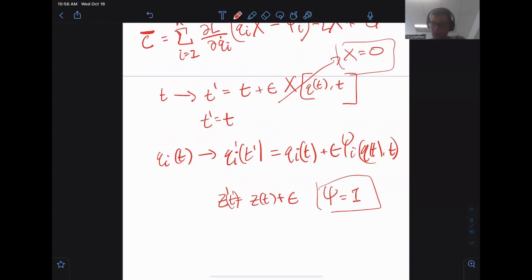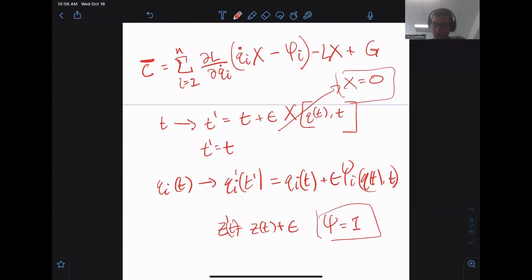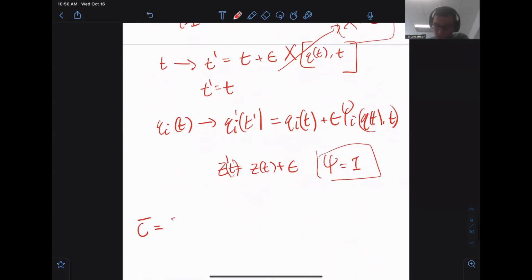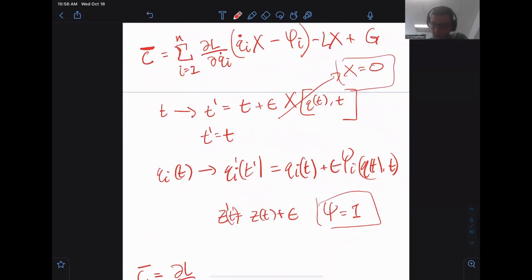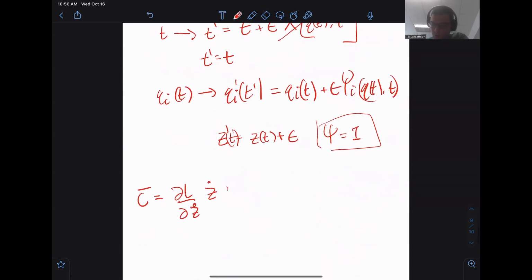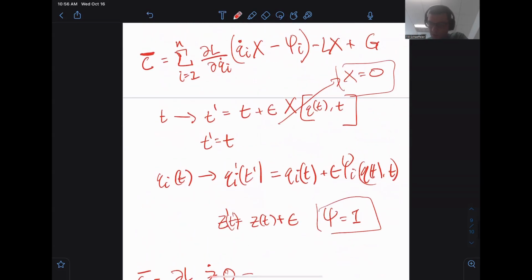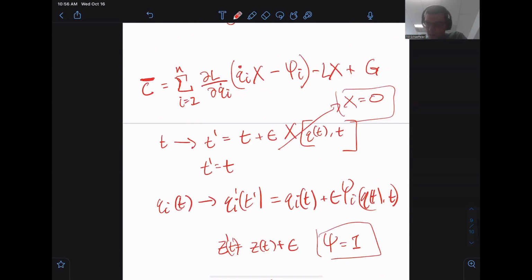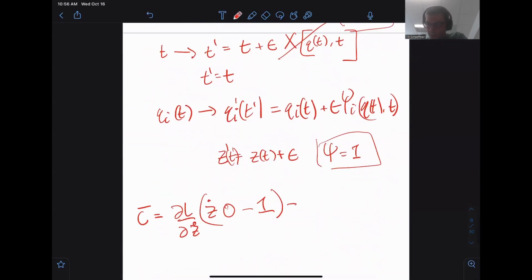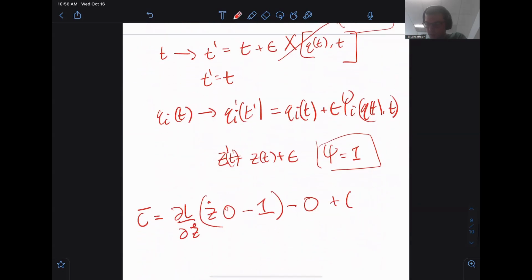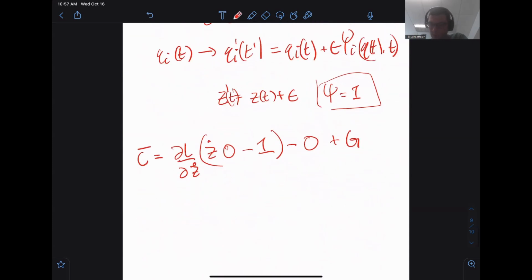So using these two results, we can go back up to this constant and say that, again, the partial of L with respect to z dot times z dot times x, which is 0, minus 1, minus L times 0, plus g. So we have to find what this is again.